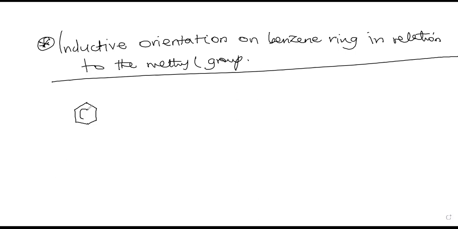If I carry out sulfonation of methylbenzene using concentrated sulfuric acid, for the case of methylbenzene, we are going to find out that we form a mixture of different products, what we call isomers, in the same reaction.